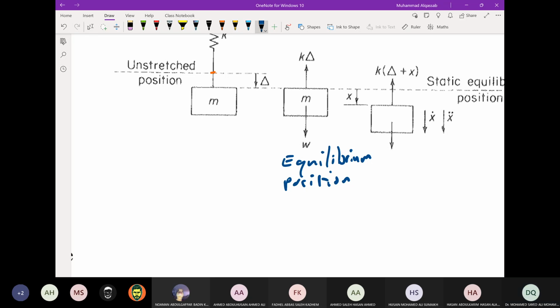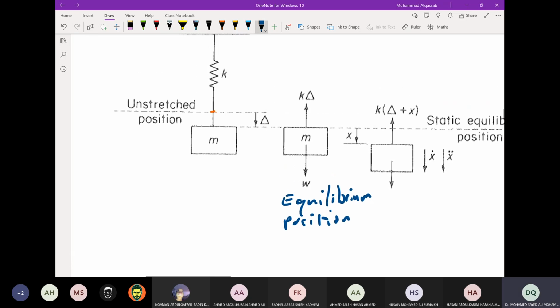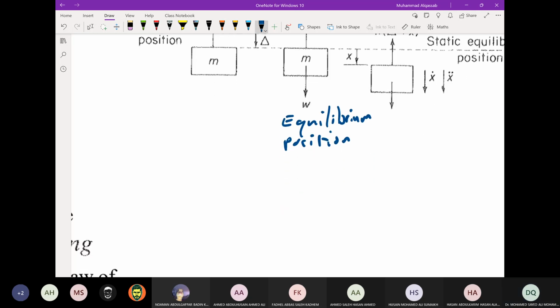We have the weight of the mass, and we have the spring force, which by Hooke's law is K times the change in length, which is delta here. For equilibrium, we have the sum of forces equal to 0, and this will be K delta minus the weight equal to 0. Since this equation is equal to 0, you can also write W minus K delta, there is no problem here.